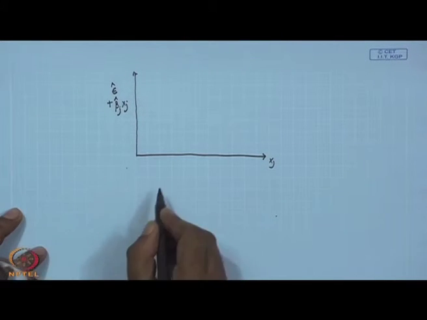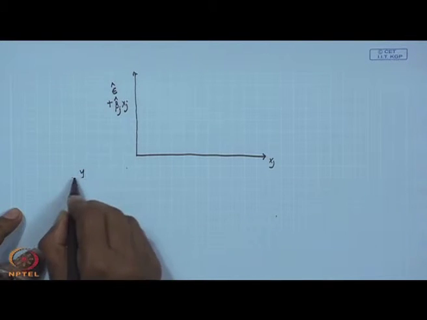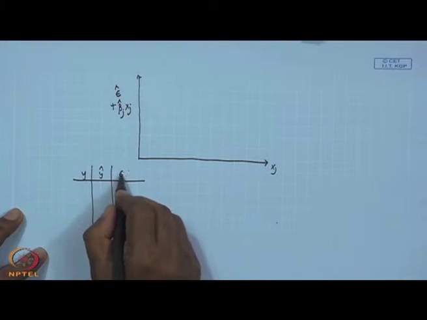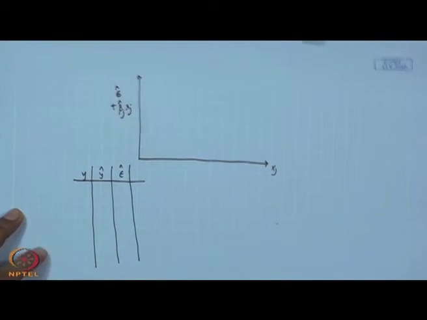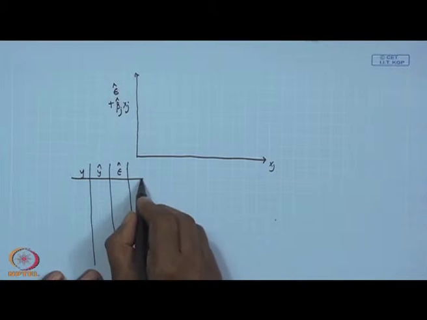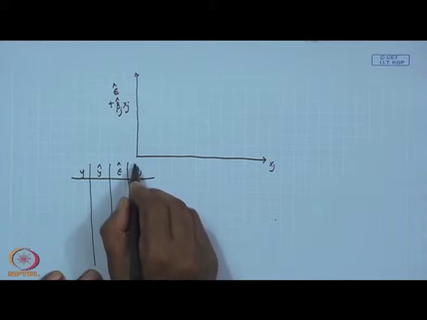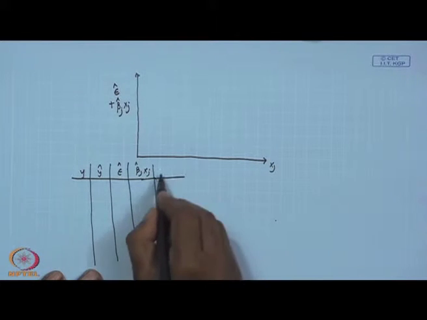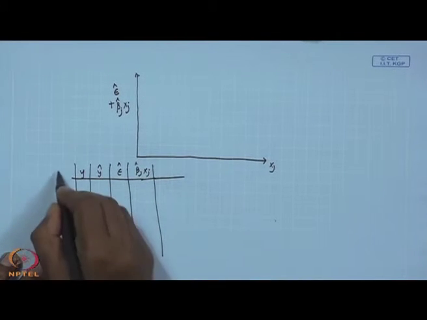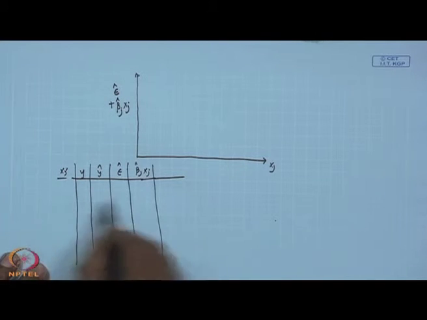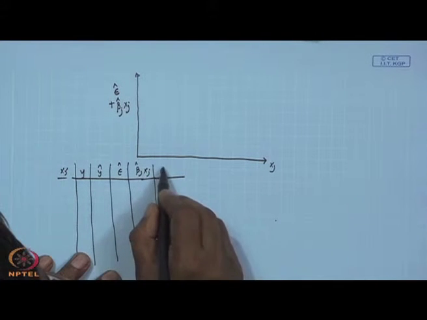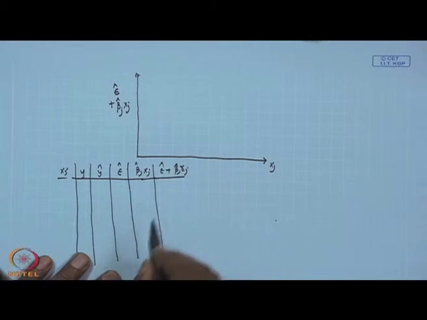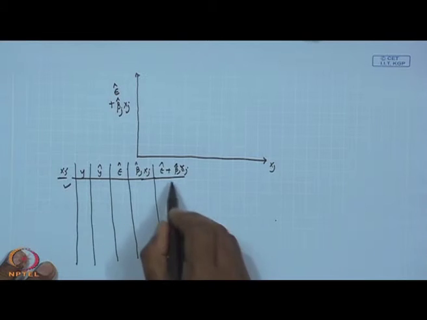So from the fitted sales volume, then y cap, you are getting the epsilon, that is the residuals, and in addition you have beta j cap xj, and you also have xj. So now you require epsilon plus beta j cap xj versus xj.